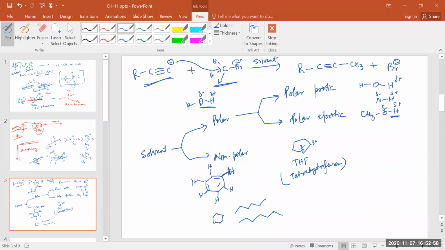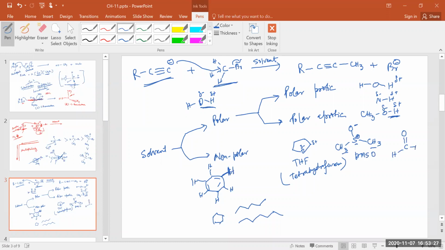So this is a polar aprotic solvent, and another is DMSO, CH3. See, it has a very strong negative charge and positive charge, but there is no delta H. So this is called DMSO, dimethyl sulfoxide.